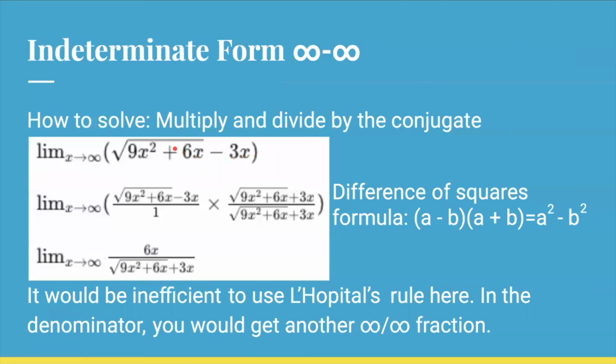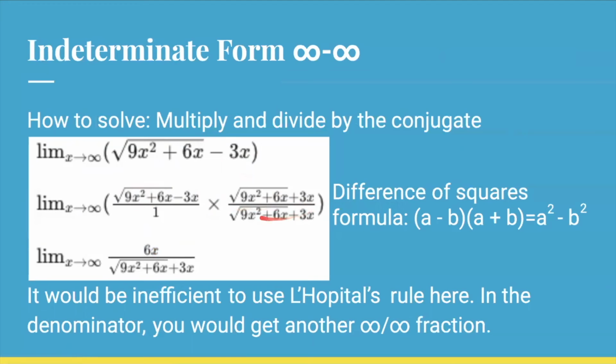For the conjugate, you just change the minus sign here to a plus sign. Then you use the difference of squares formula to simplify. The square root and the square just cancel each other out, and 3x squared would just be 9x squared. After simplifying, the numerator just becomes 6x.